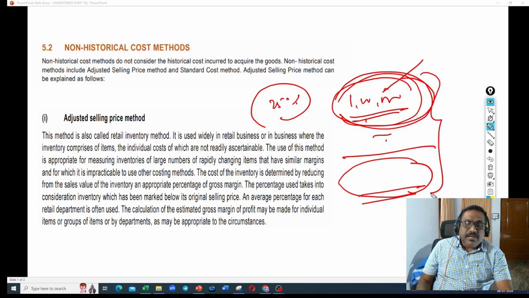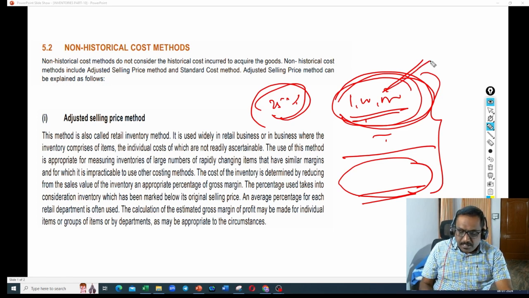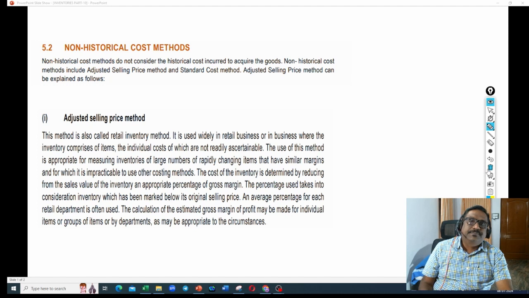The cost of inventory is determined by reducing from the sales value of the inventory an appropriate percentage of gross margin. Simple. They know their gross margin. As I said, if they know that their gross margin is 25%, they will take the sellable value of the inventory and reduce this gross margin, and they will get the cost. And the cost will be considered for valuation purposes. As simple as that.